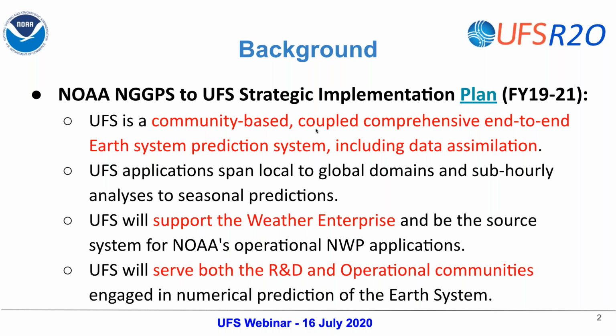Of course, it's intended that over time, UFS will become the primary source for NOAA's operational numerical weather prediction, numerical climate prediction, and other applications. UFS serves both research and development and operations, which means we do R&D both within NOAA and in the community that collaborates with NOAA, and also operational prediction within the National Weather Service.